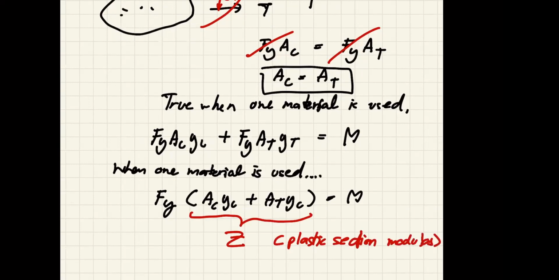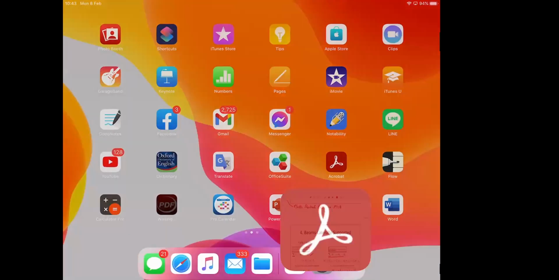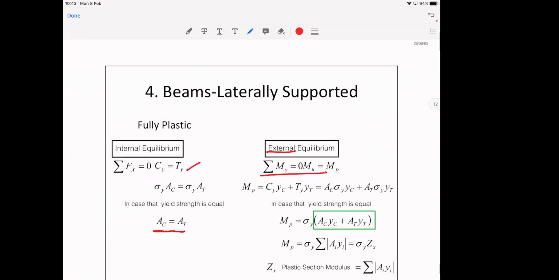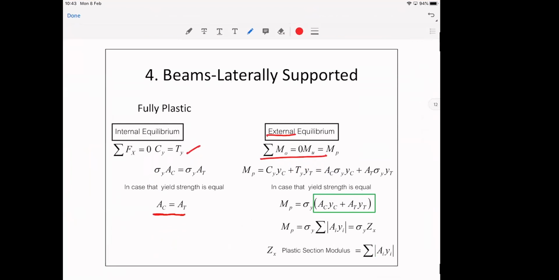Or you can simply say it is the summation of the moment of the area about the plastic neutral axis. So you can come back here and take a look. I use the word stress here, but Fy is the same, and this is officially called the summation of AiYi with the absolute value.